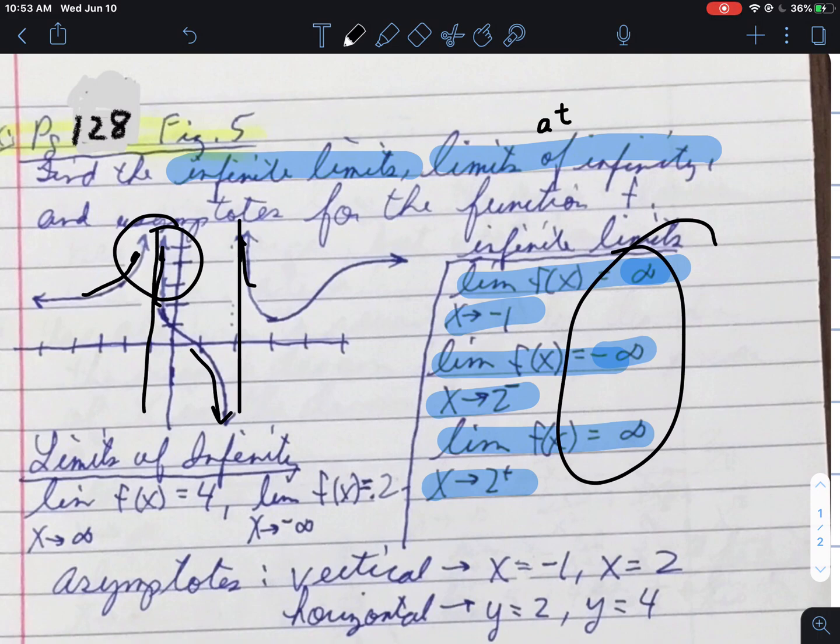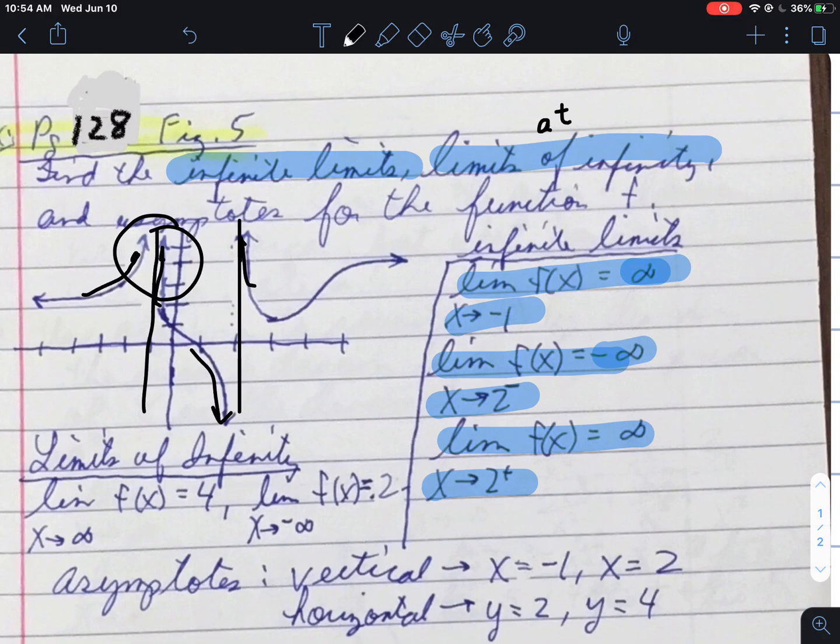But we are able to describe the behavior of the function by saying that the function value approaches infinity or negative infinity. So be careful again, don't misinterpret the language or the terminology that we're using, to be clear on what we are actually describing here. So those are all infinite limits, but technically none of those limits exist.